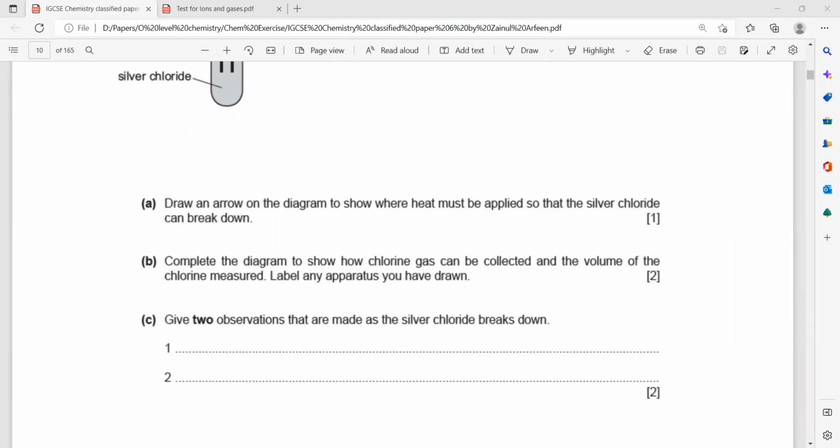Good. You can mention yellowish green gas, shiny silver, gray metal, or you can mention bubbles or effervescence also. So here you can mention shiny solid and the yellowish green gas.